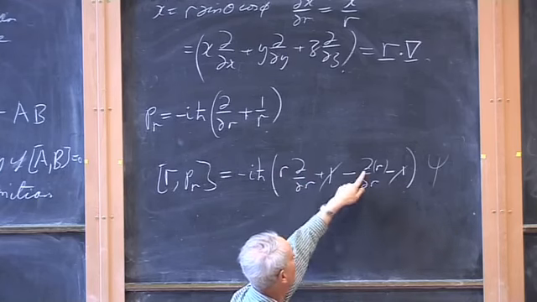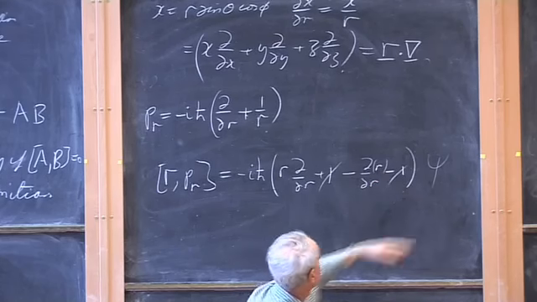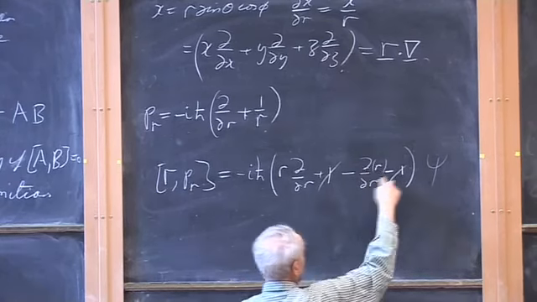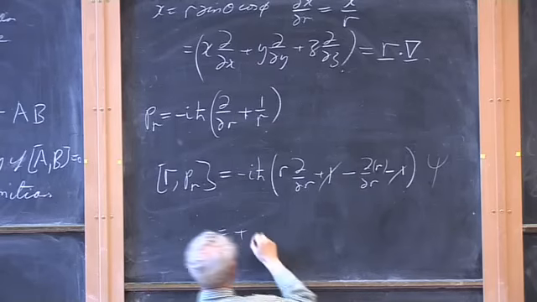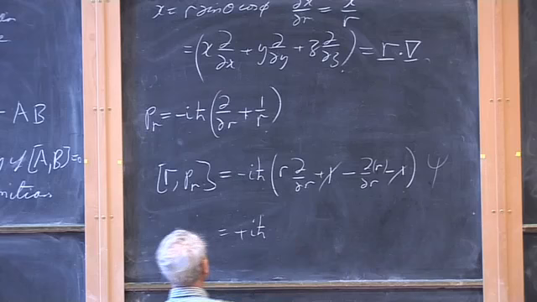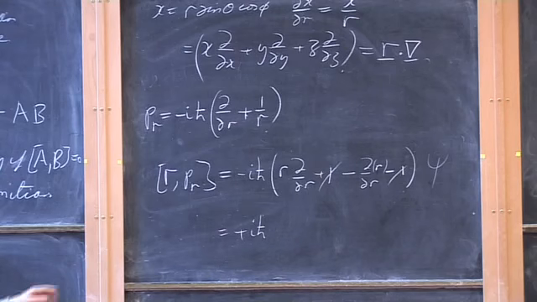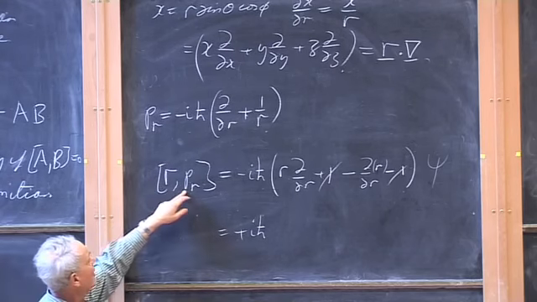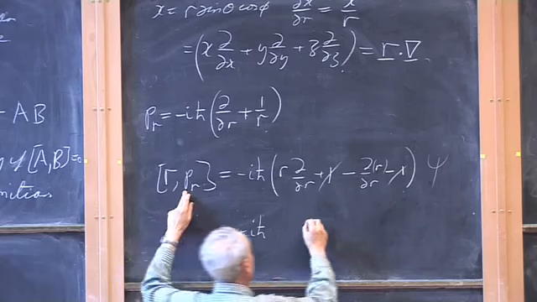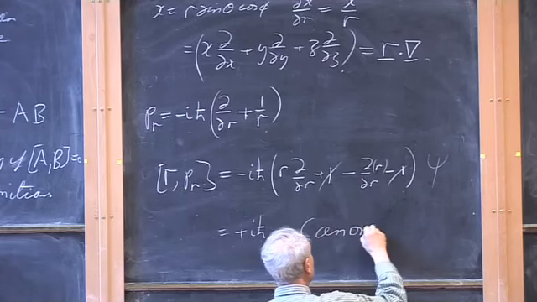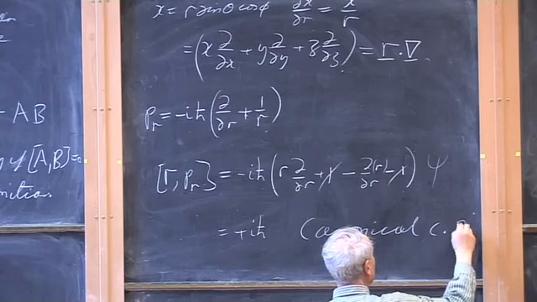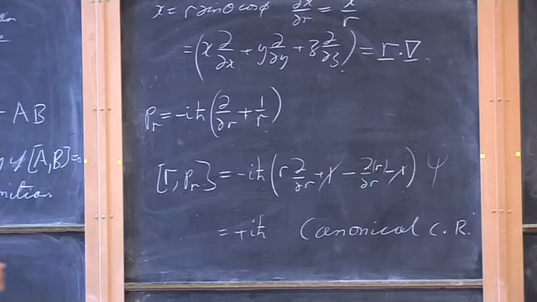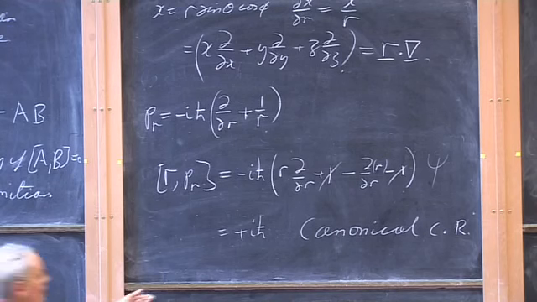So what we're left with is the d by dr of r, times psi, which makes 1. So this is equal to plus i h bar, because there's a minus sign coming here. These two operators satisfy the canonical commutation relation, so P_r really is the momentum associated with r.